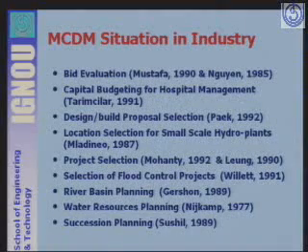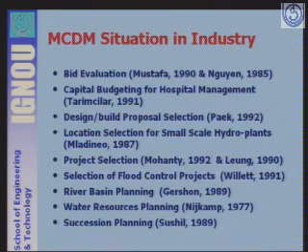If we see on the screen, there are some situations which arise in the industry. First one is bid evaluation. Suppose you have asked for bids from contractors and those bids are to be evaluated, then this is also a case of multiple criteria decision making. Capital budgeting for hospital management has been taken as a live case example where researchers have published their papers. Design build proposal selection: several proposals are available with you and you have to select the best one.